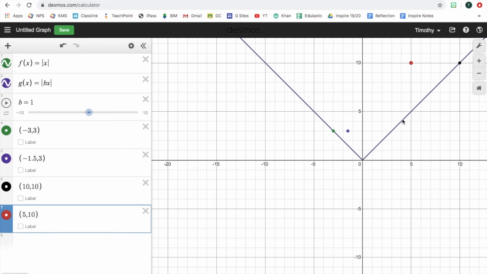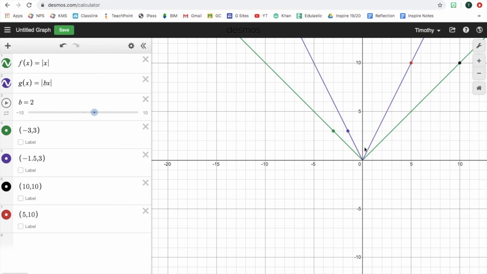We're going to squish this function in for a horizontal shrink to get this absolute value function going through both this point and this point, with our same vertex, because I don't have an h or a k value here. So I'm going to increase b from 1 to 2, and we can see that we have just squished it in. We've just shrunk it horizontally. So that is a horizontal shrink.